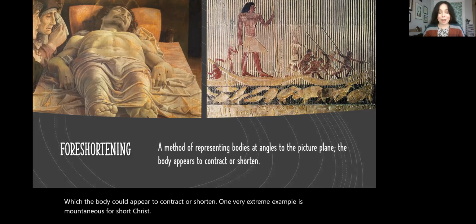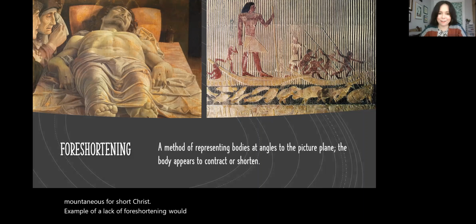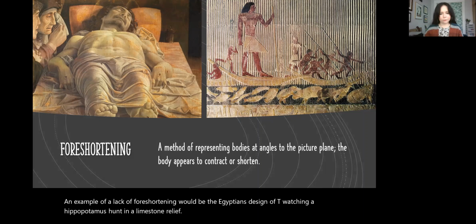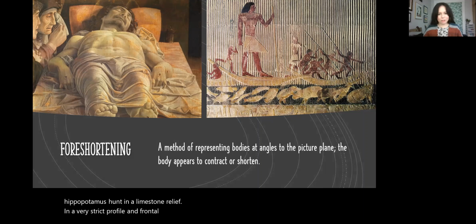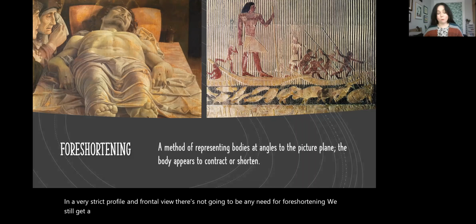An example of a lack of foreshortening would be the Egyptians' design of Ti watching a hippopotamus hunt in a limestone relief. In a very strict profile and frontal view, there's not going to be any need for foreshortening. We still get a sense of depth by overlapping, layering, and scale or size.